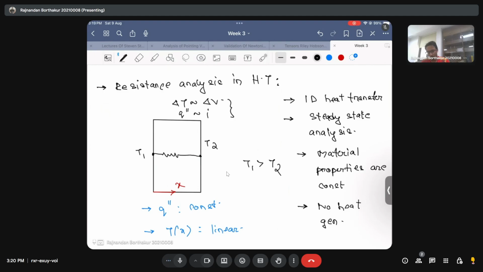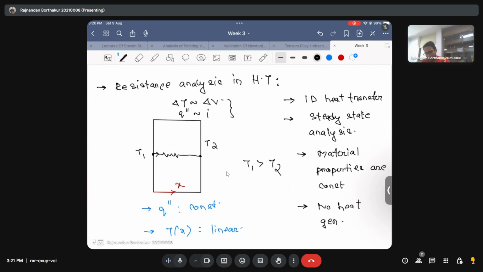In that context, we can define a resistance in between these temperature nodes, and we know that the direction of heat flux will be from the higher temperature to the phase which is exposed at a lower temperature.